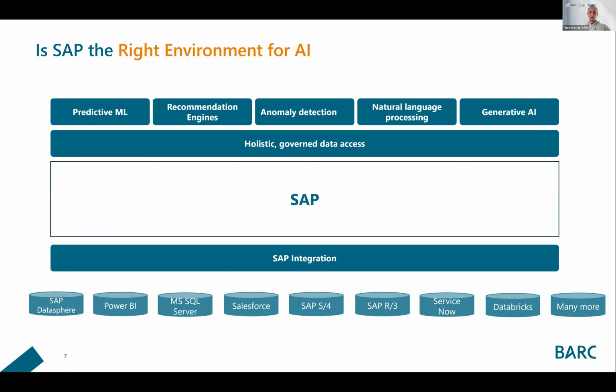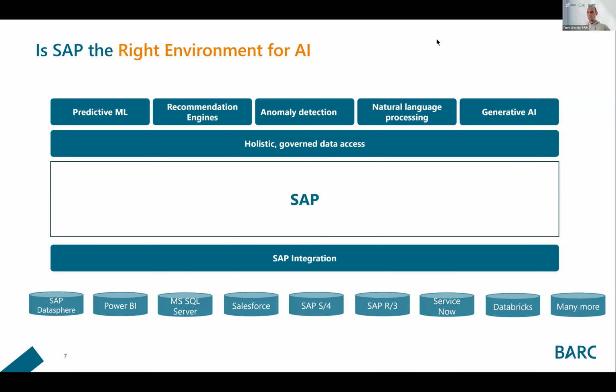And if we have a look at SAP, there are several tiers of challenges we need to address. There's the tier of data integration. It's about how to store data to build up a trusted foundation for AI.